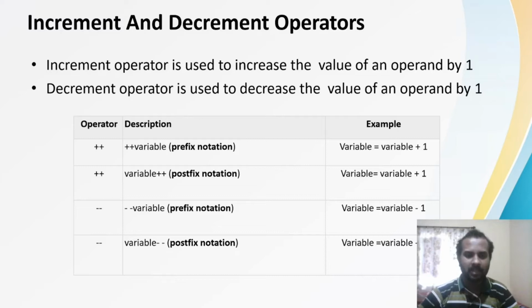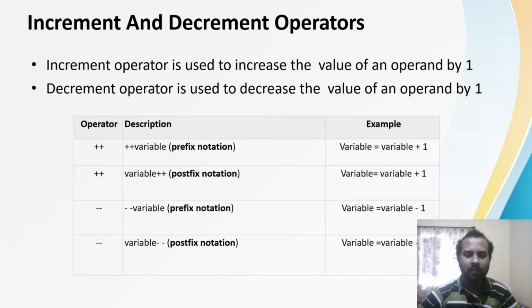The increment operator is going to increase the value of the variable by 1. The decrement operator is going to decrease the value by 1. There is one main difference between the prefix and the postfix operator.